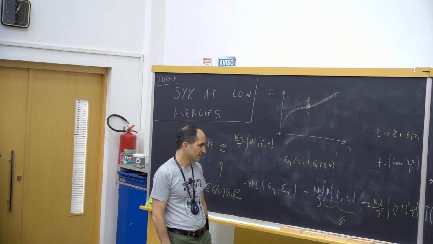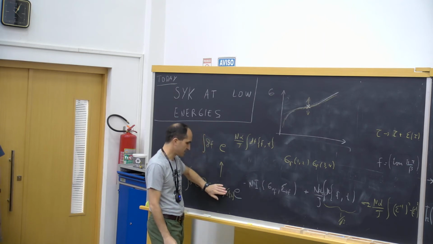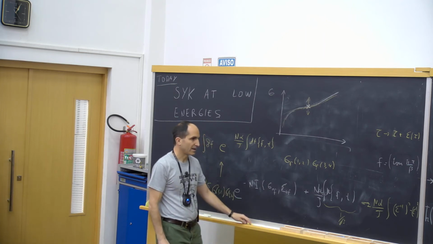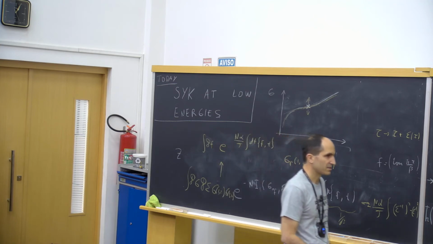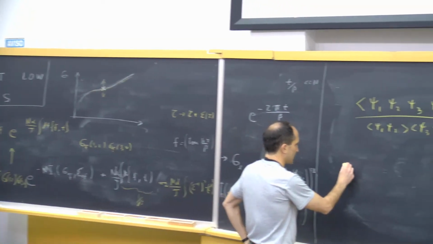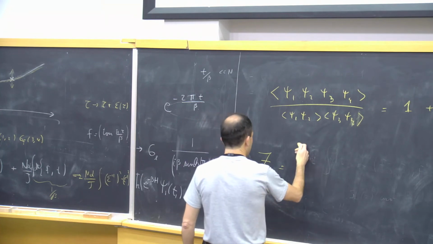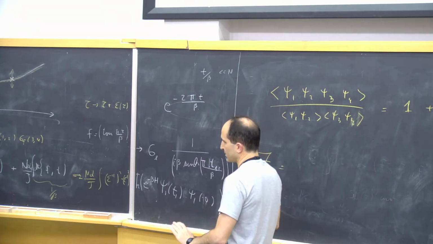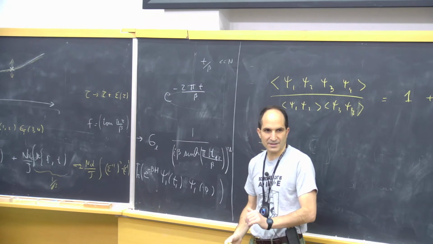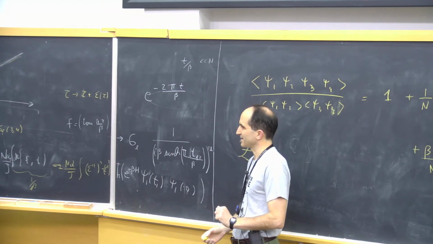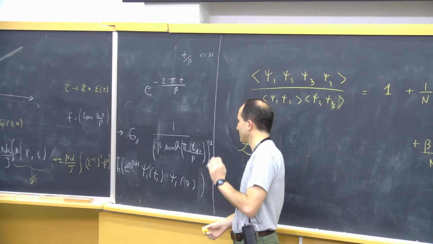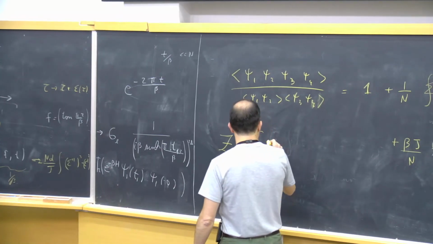So in particular, you could imagine computing just the partition function. The partition function will have, at very low temperatures, a piece that preserves the conformal symmetry. Well, maybe I explain that next time. But I think it makes sense now.